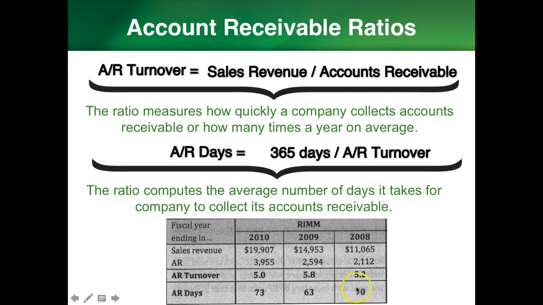Research in Motion's accounts receivable turnover ratio for 2010 is 5, and it takes them on average of 73 days to collect their receivables. If their credit terms are near this number of days, the ratio would be favorable. However, if their credit terms are, for example, 30 days, it takes them more than twice as long to collect. Definitely unfavorable. They need to implement better practices in their accounts receivable department.